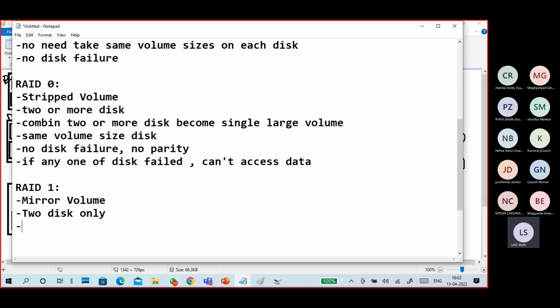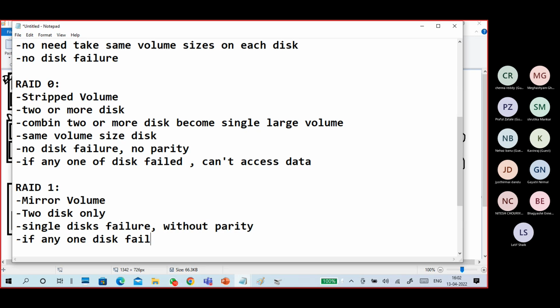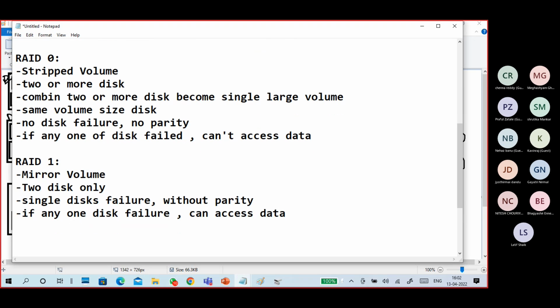This is also the same thing, we have to take the same volume sizes. It tolerates a single disk failure, without parity. If any disk fails, you can still access the data. That is about the mirror.